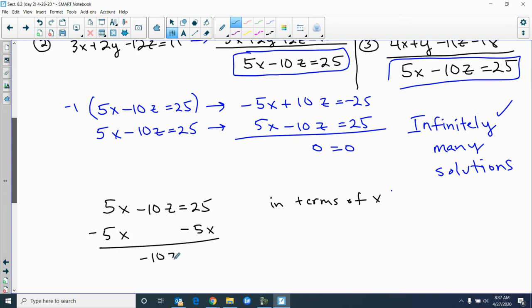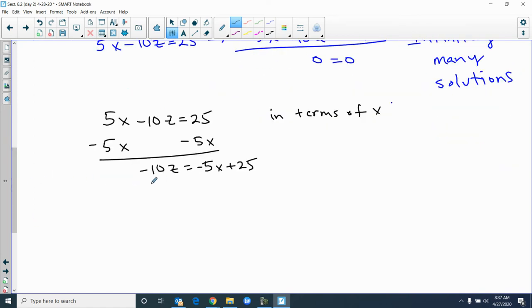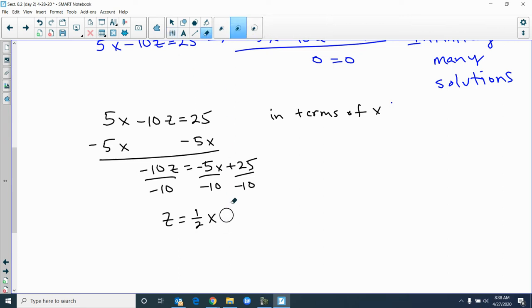And I get -10z equals -5x plus 25. Divide by -10. I get z equals positive 1/2 x, no, not plus, minus 5/2. Now that works out to a terminating decimal, 2.5.